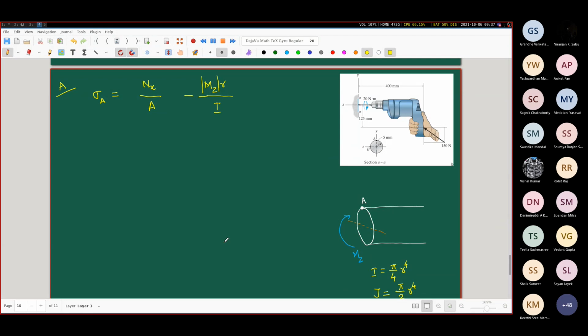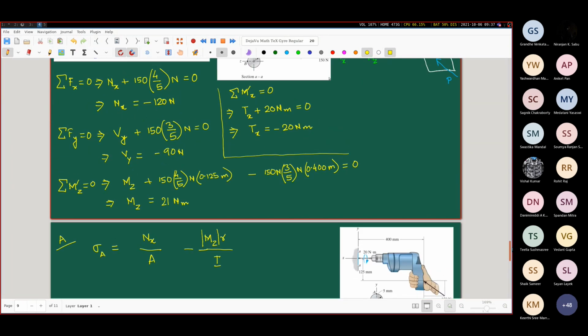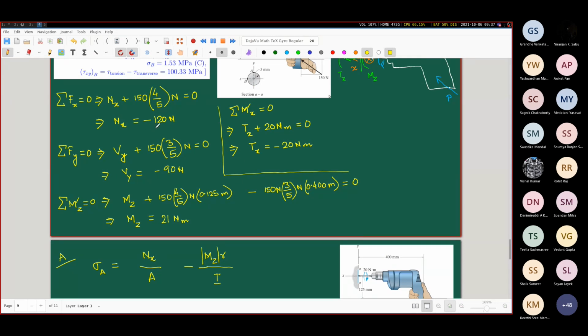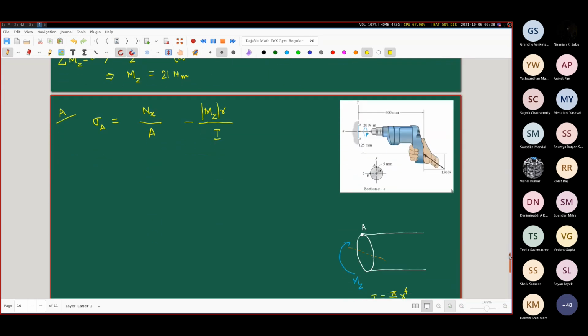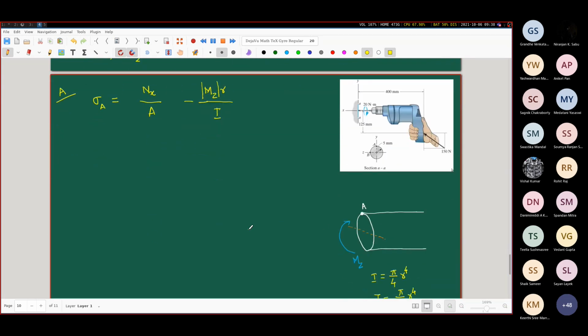Okay. Next, for this NX by A, you look at the sign of NX. NX was taken to be along the positive x-axis. Positive x-axis is along from right to left, but this is with a negative sign, which means physically the axial force is acting from left to right. If it is acting from left to right, then considering the point A, what do you think will be the effect in terms of the stresses, whether it will be tensile or compressive?